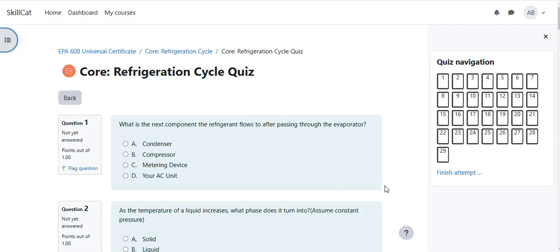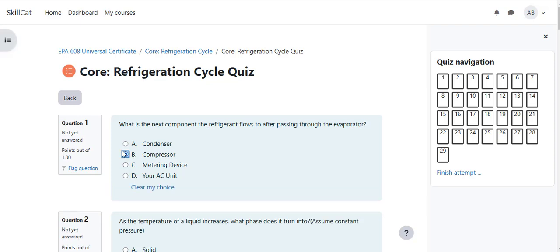What is the next component the refrigerant flows to after passing through the evaporator? After the evaporator, it will be the compressor, I think.